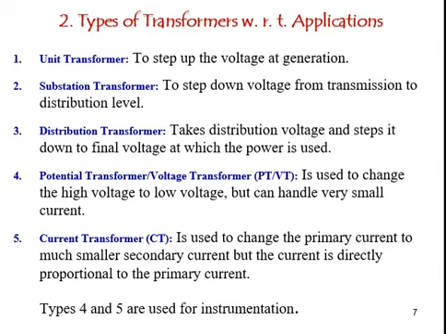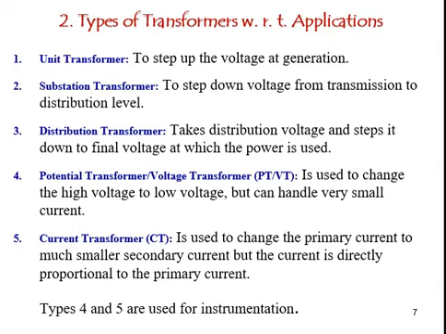And the third type is the distribution transformer. Distribution transformers are used to take distribution voltage and step it down to the final voltage at which the power is used.